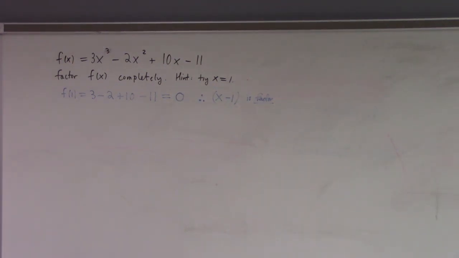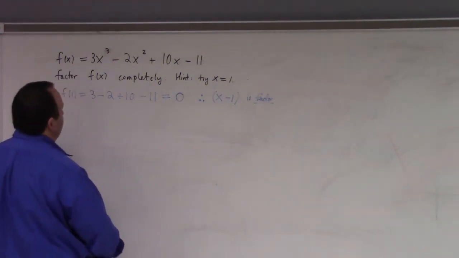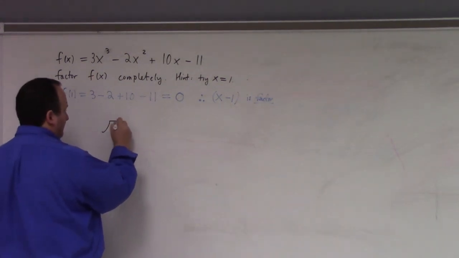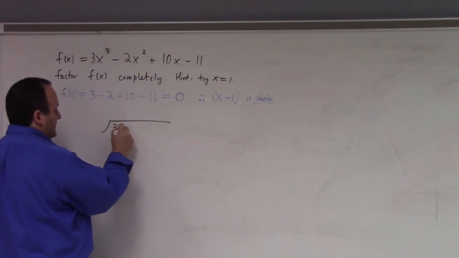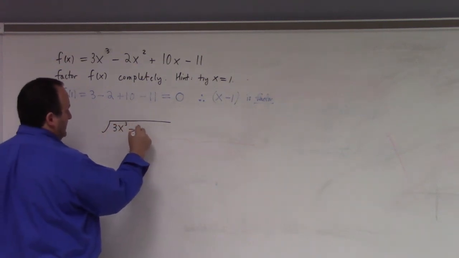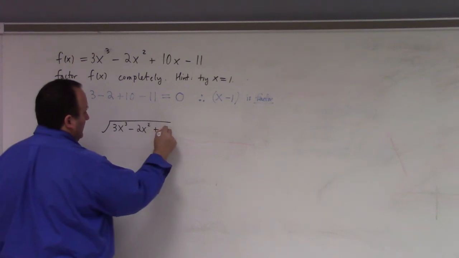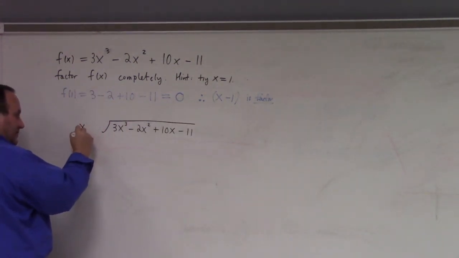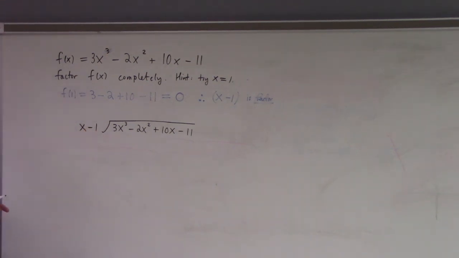Can you factor x minus 1 out of that? Personally, just by looking at it, I think it's kind of tough. But what if we divide it in there? So we've got 3x cubed minus 2x squared plus 10x minus 11, and we want to divide x minus 1 into that, because that will help us find the cofactor to x minus 1.